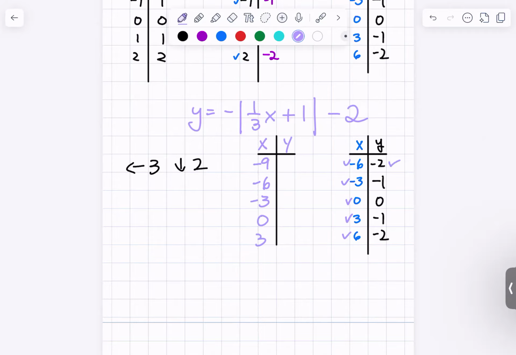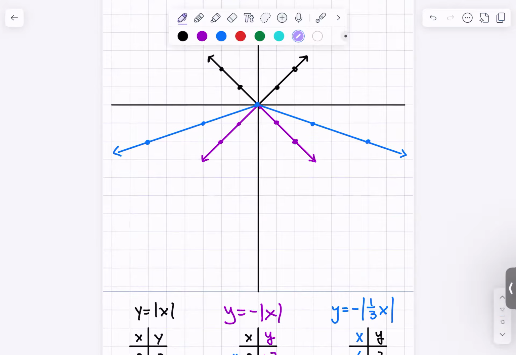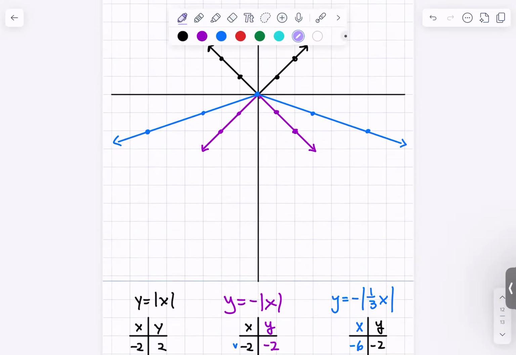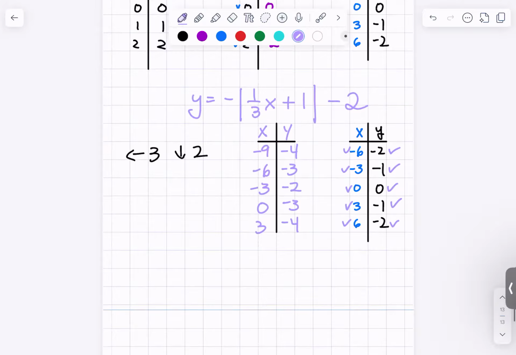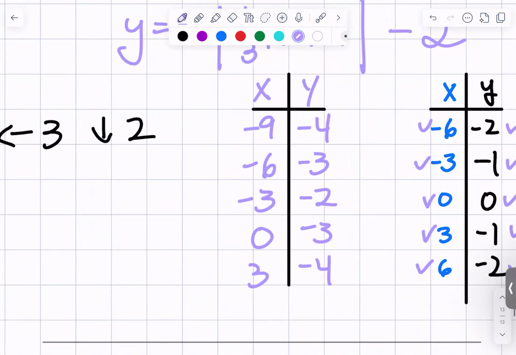So -2 minus 2 is -4. -1 minus 2 is -3. 0 minus 2 is -2. -1 minus 2 is -3. -2 minus 2 is -4. And class, I'm not going to show you the graph on it because I ran out of graph paper. It's going to go off of my graph paper, but as long as you graph these points on your graph afterwards, you should be good.